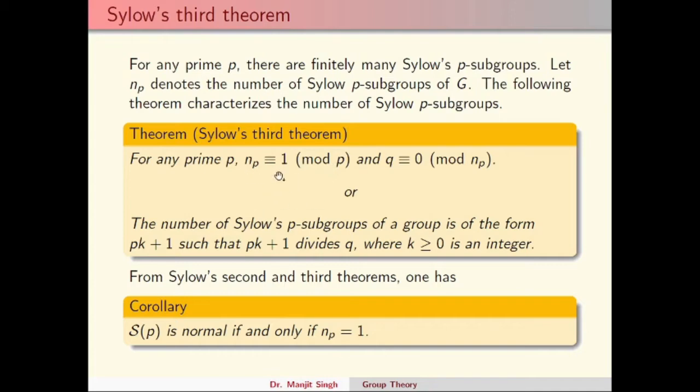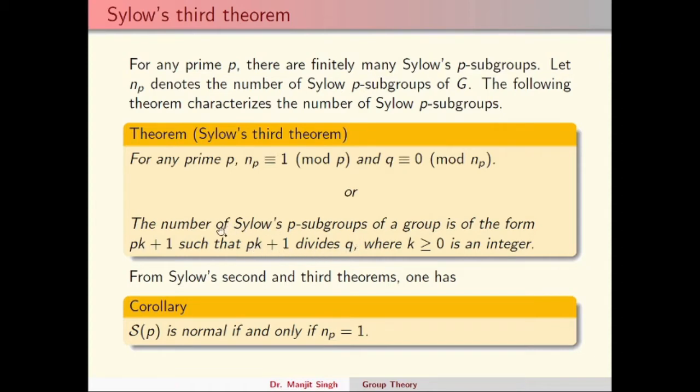Another situation: we can write NP, the number of Sylow P subgroups of a group, in the form pk plus 1, where k can be determined by using the condition that pk plus 1 divides q.